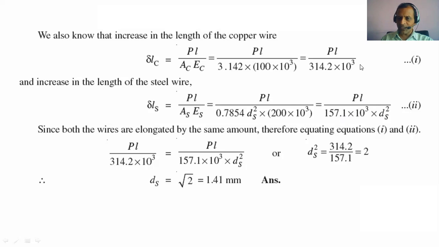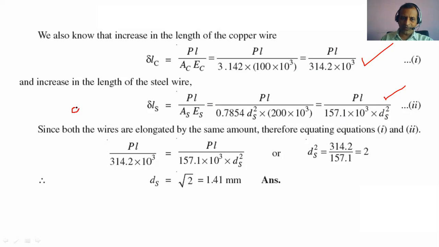So this is the elongation for copper material. This is the elongation for steel material. But in the problem he is saying the elongation in both the wires is the same. When both are the same, you make this one and this one equal. Delta LC is equal to delta LS.